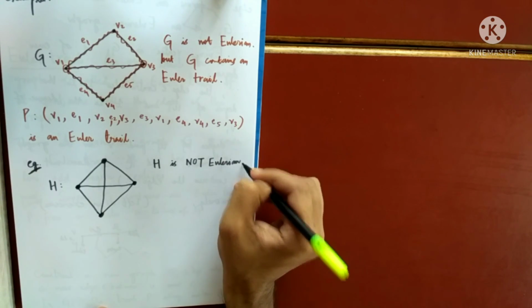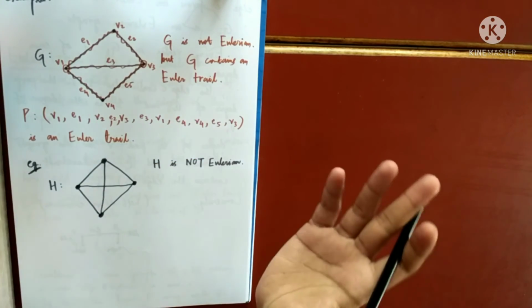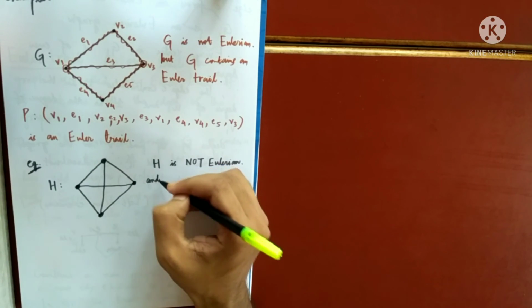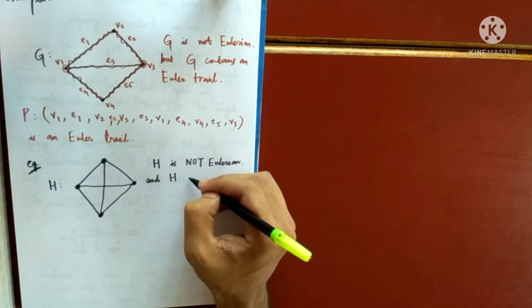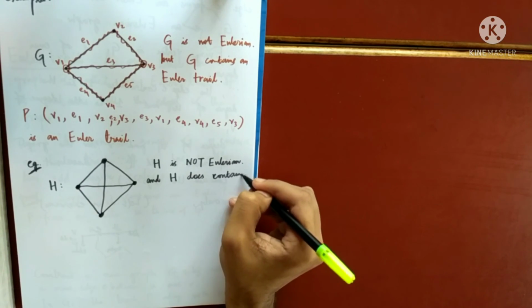Why is it not Eulerian? Because the degrees of all the vertices are odd. So by the necessary and sufficient condition, this is not Eulerian. And H does not contain an Euler trail as well.